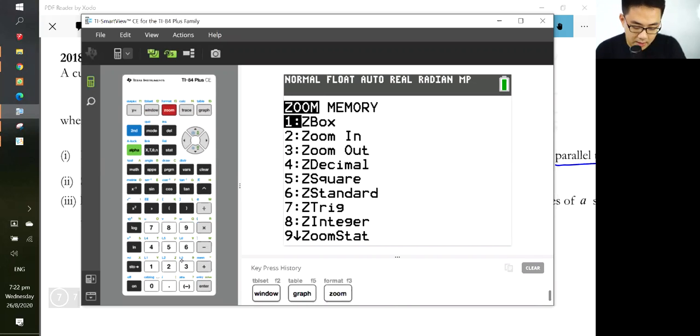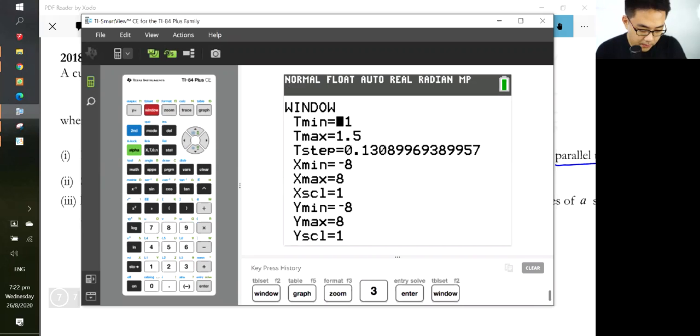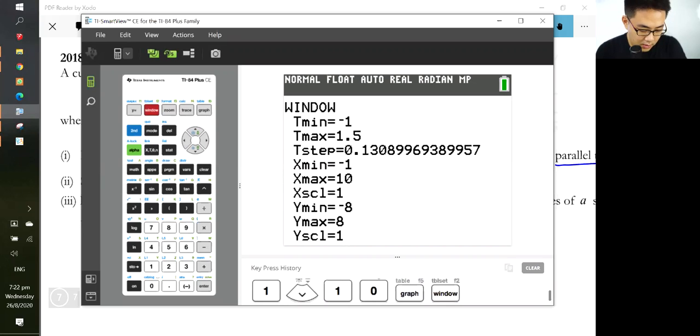You can zoom standard, but zoom standard would change this to 0 to 2 pi again. So you just remember to change it like that. I usually encourage students to just play around with it and get a nice shape.